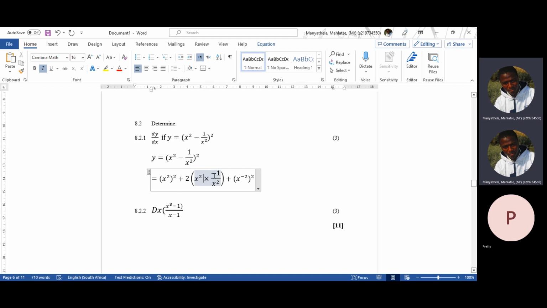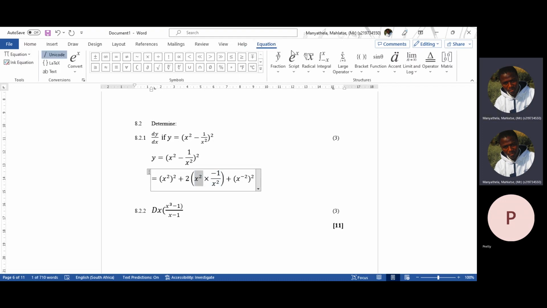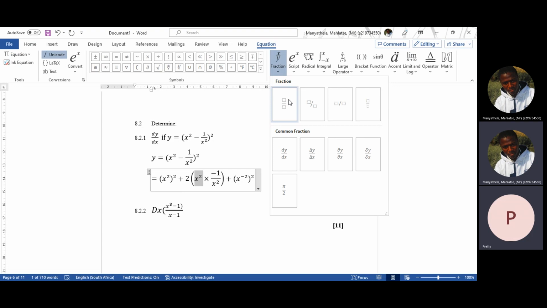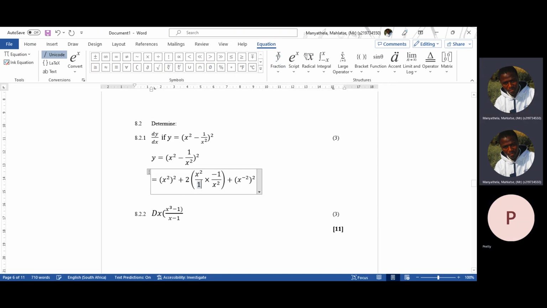We can write it as x squared over 1 times negative 1 over x squared. x squared will cancel x squared, and then 1 will cancel negative 1, and we'll be left with negative 1 inside.